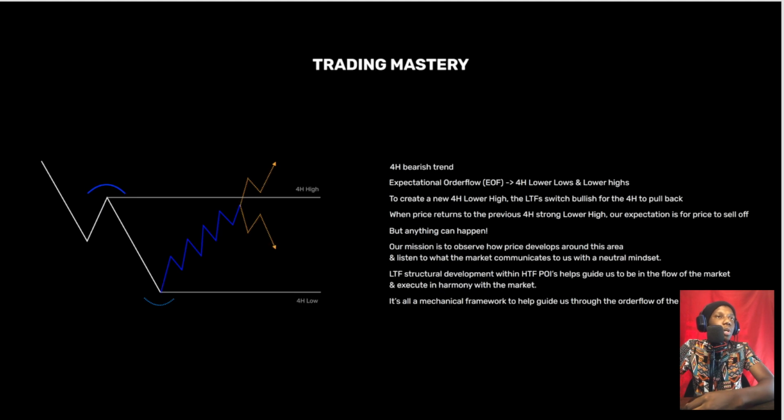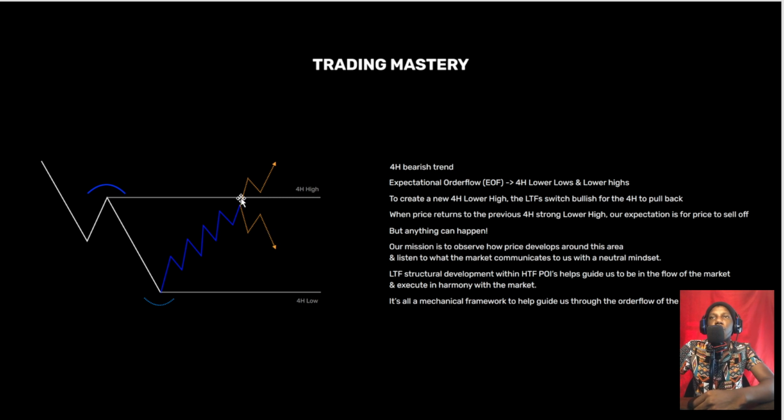All right, so it's not all the time that the 4-hour bearish trend is going to align with what we are looking for. So you must have an expectation of order flow, for our lows and for our highs. That's what we are basically looking for. We're looking for price to make highs, and then lows, and then highs in order for us to take it lower.